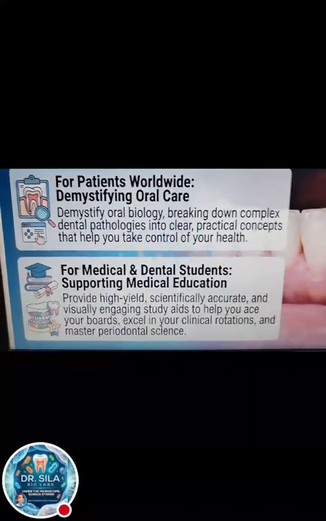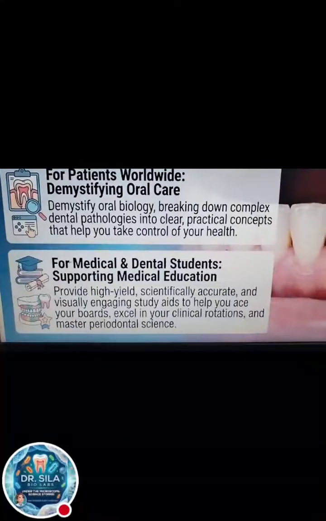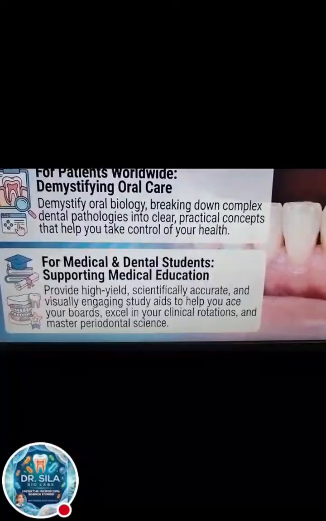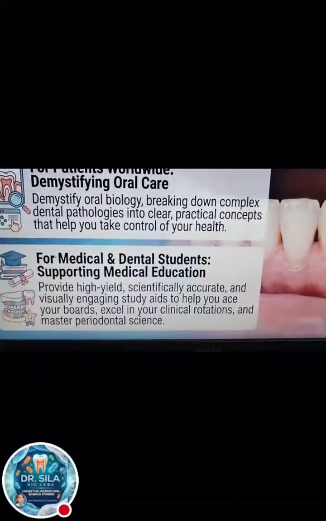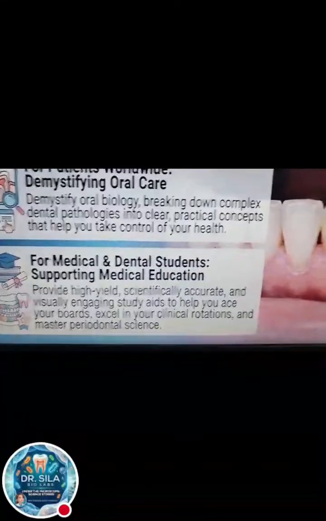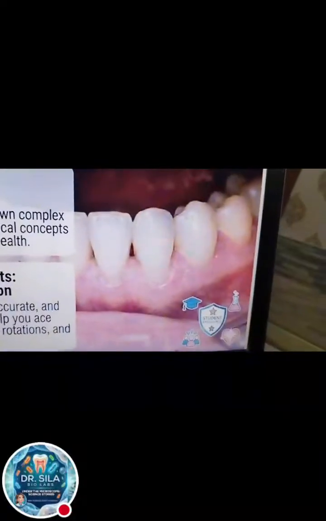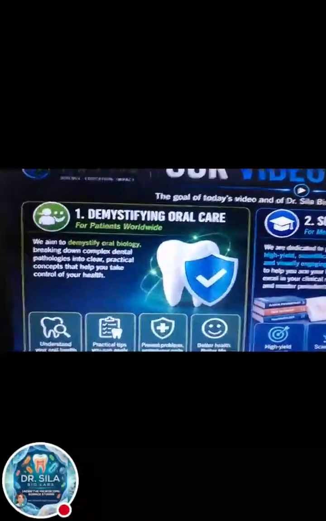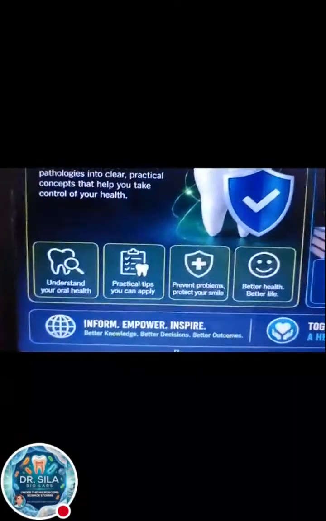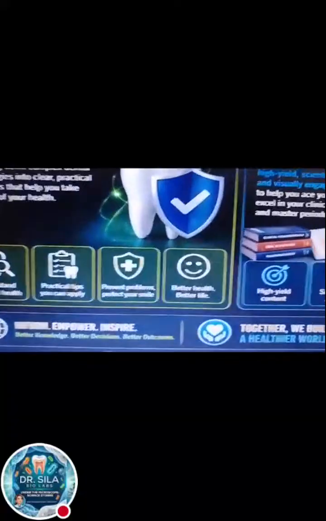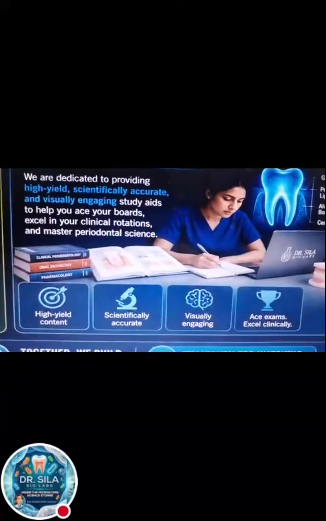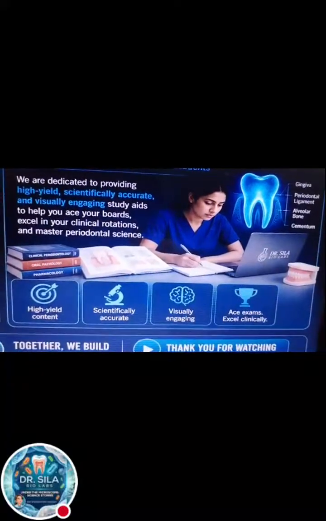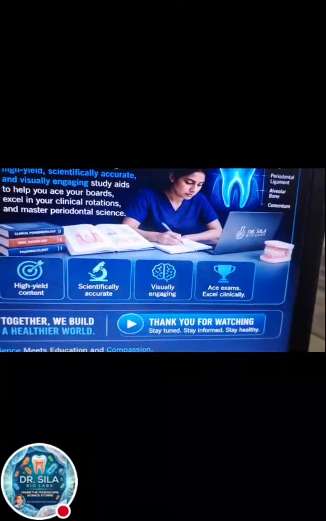For medical and dental students, providing high-yield, scientifically accurate and visually engaging study aids to help you ace your boards, excel in your clinical rotations, and master your periodontal sciences.